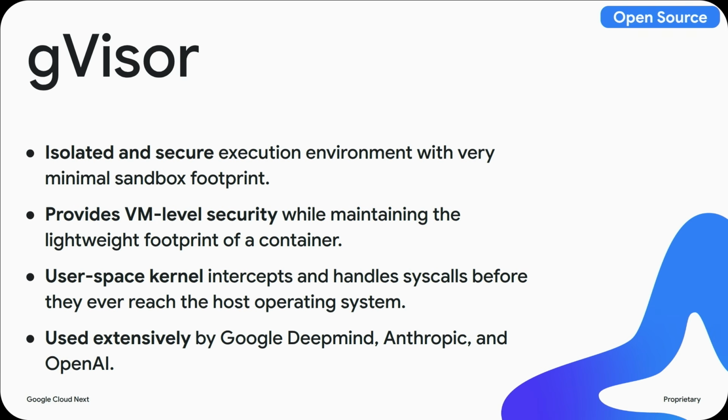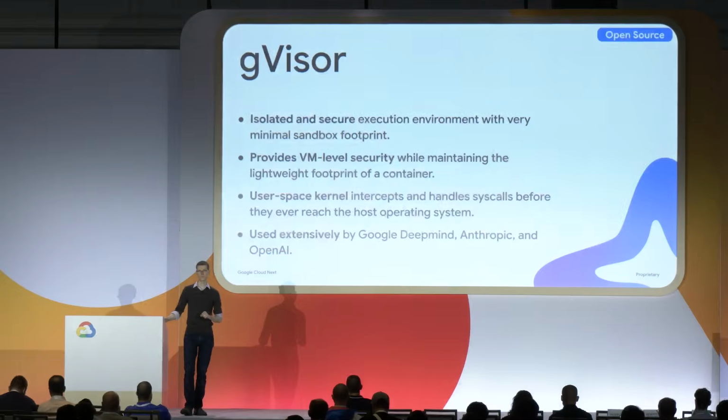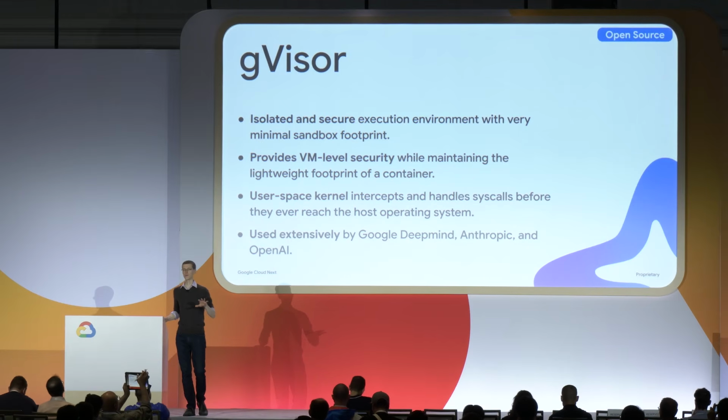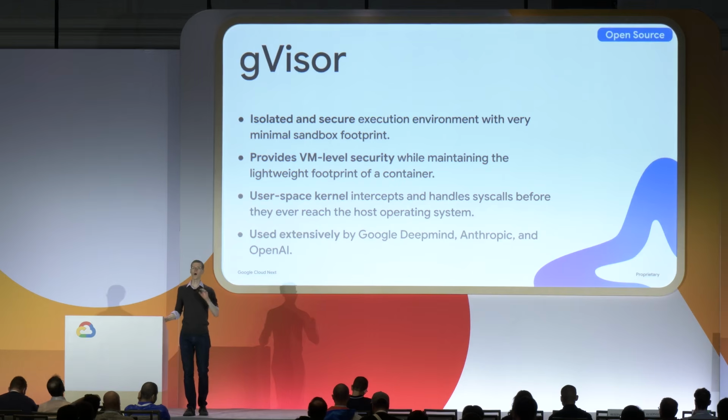And the way that it does this is by re-implementing the Linux kernel, but in user space. So then syscalls get intercepted, processed by gVisor, all safely within user space. gVisor is widely adopted by many of the leading AI labs. A handful who have publicly talked about their use of gVisor include Google DeepMind, Anthropic, and OpenAI.